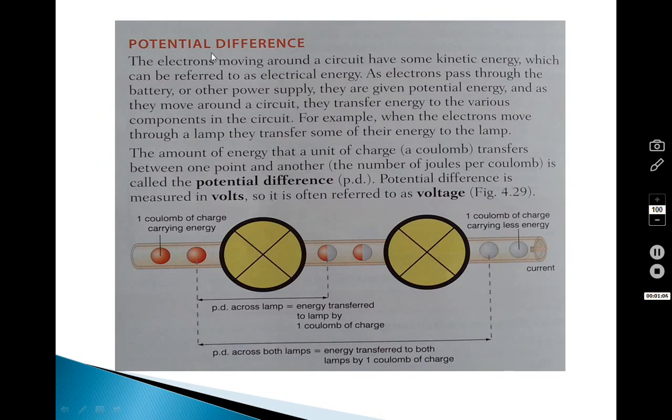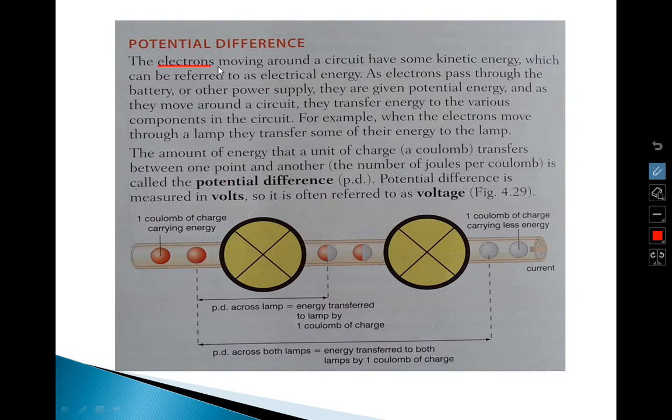We will start with potential difference. So what's potential difference? As we can see here, the electrons moving around the circuit have some energy. As we discussed in the last class, the current moves from the minus part to the positive part through the circuit.